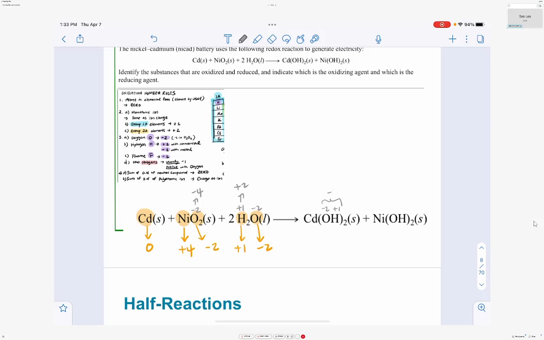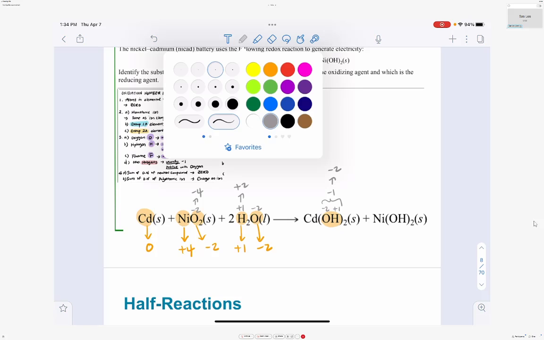Negative 1. But we have 2 of the hydroxide, so we have oxidation number of negative 2 for this portion. Then in order for this molecule to have a sum of oxidation numbers equal to 0, cadmium's oxidation number has to be positive 2.